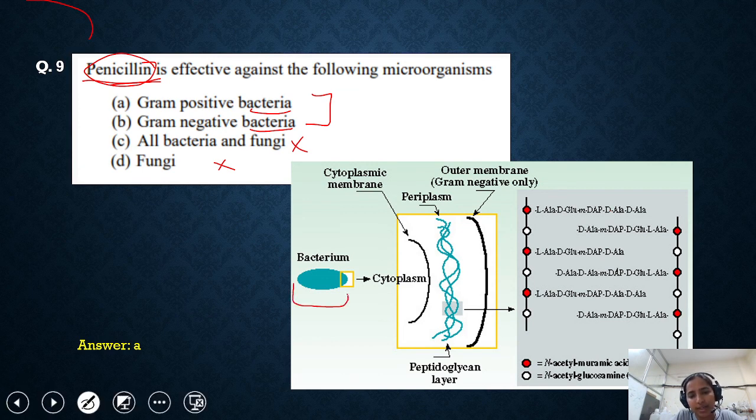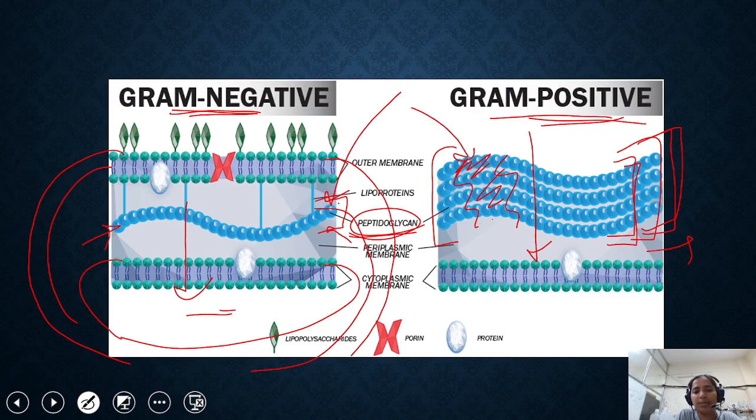See, this is the bacteria and this is the outer layer they are showing. This is a gram positive bacteria, and the gram negative bacteria they are showing. In this one there is only a single peptidoglycan layer, but here the full layer of peptidoglycan is present.